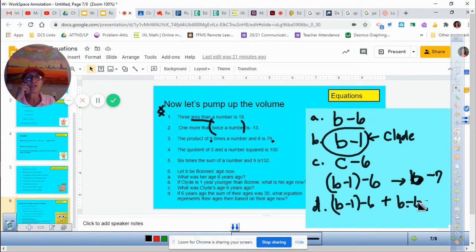If we added those together, we would get 35 years. We can simplify this to say B minus 7 plus B minus 6 equals 35. And once again, simplify it one more step and get that 2B minus 13 is equal to 35. And if we solve that equation, we will know how old Bonnie is.